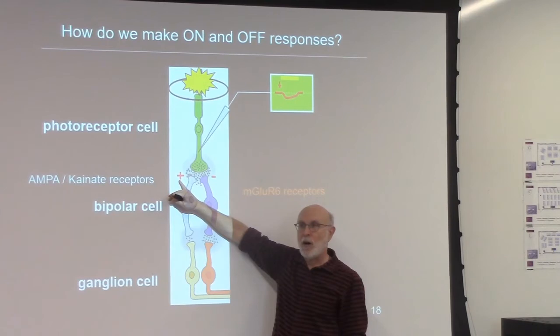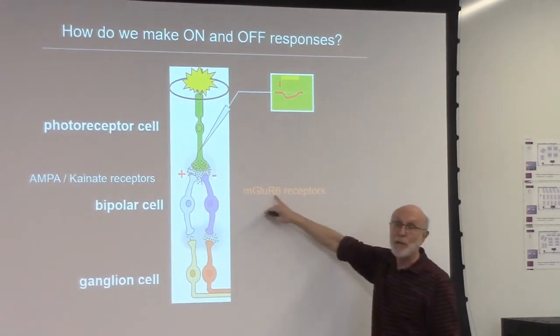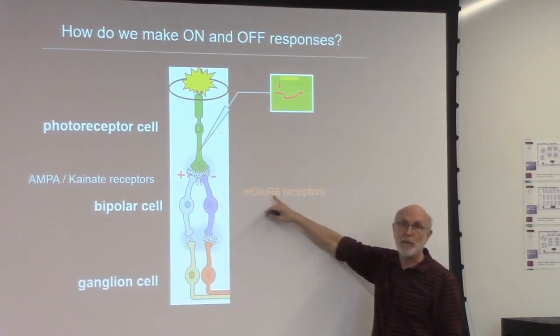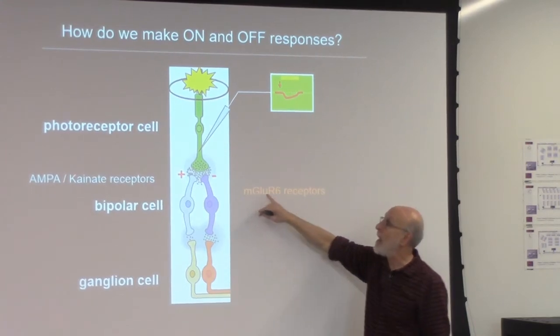AMPA receptors are stimulatory receptors. They activate cells. And metabotropic glutamate receptors don't. They inhibit cells.